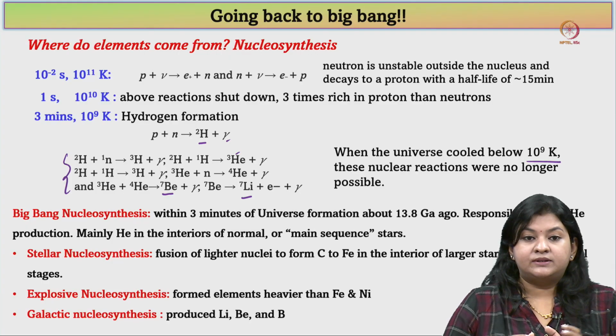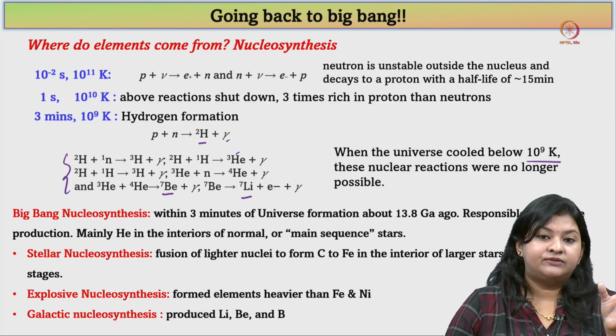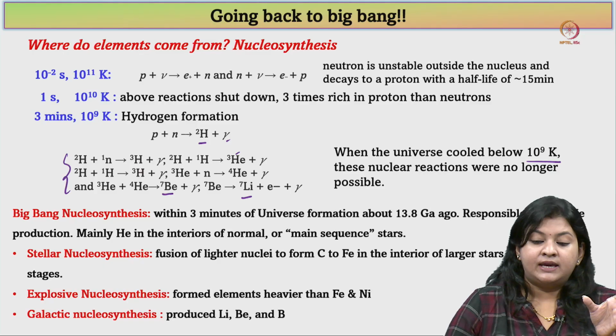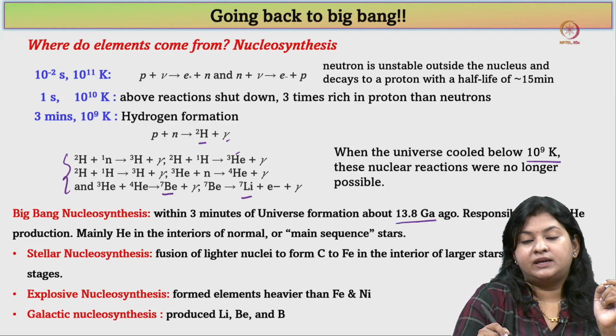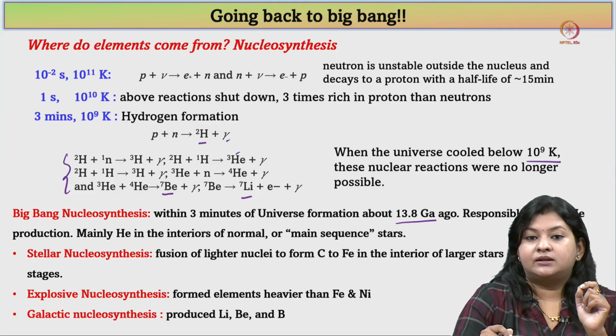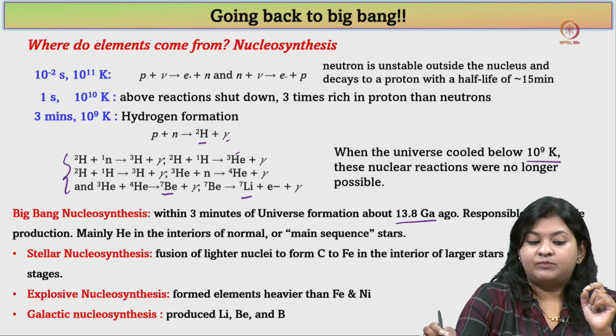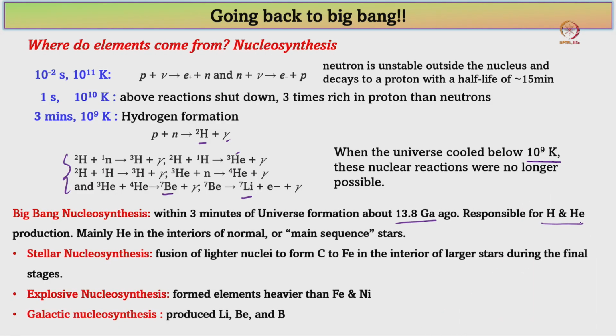This is the process, the initial first few reactions that happened about 13.8 billion years ago, which is responsible for the formation of hydrogen and helium, and then once the hydrogen and helium had formed, they started forming the main sequence stars.